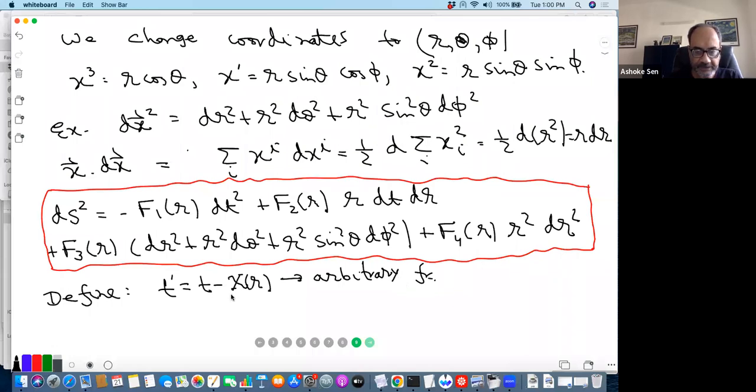So this tells us that t is t prime plus chi of r, and dt is dt prime plus chi prime of r dr, where chi prime is the derivative of chi.